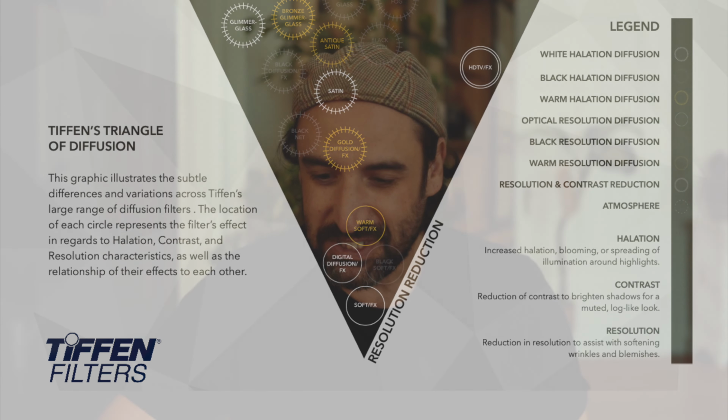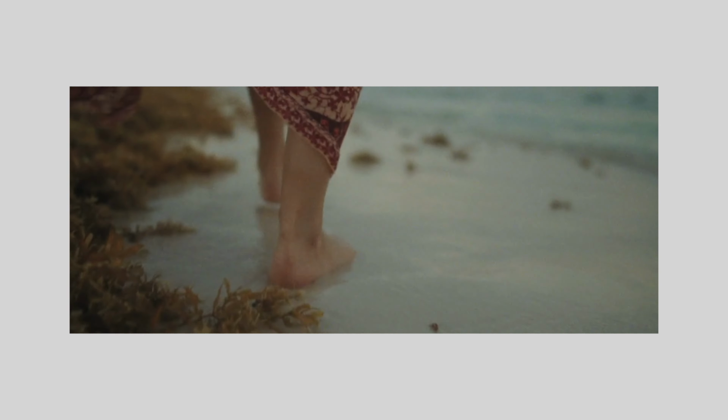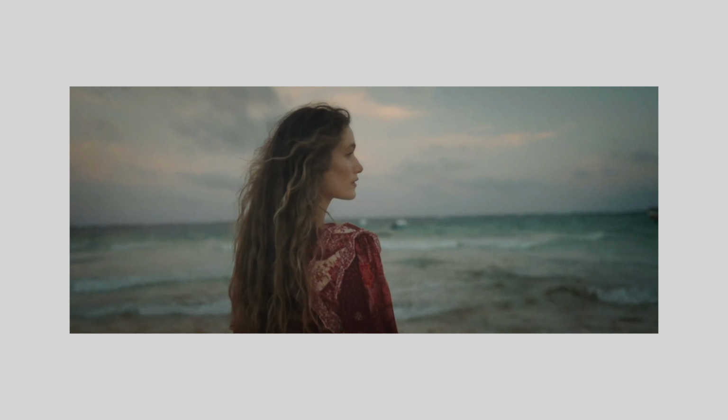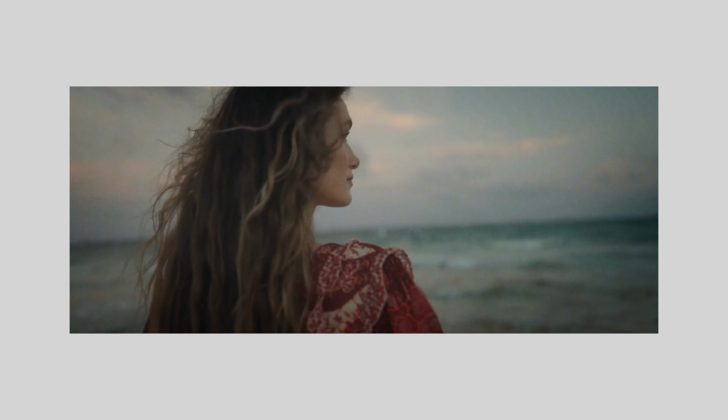If you look at the filter really closely, you will see some really small points. This helps to make the image a little bit softer or create that kind of bloom effect. And in wedding films, this is what I'm doing mostly.